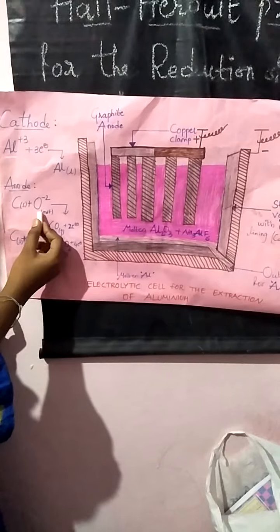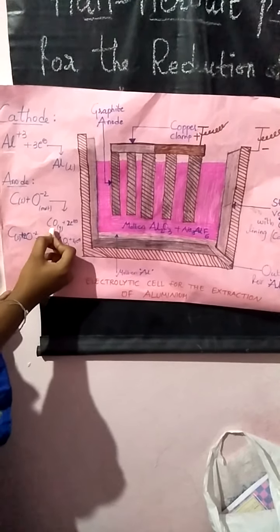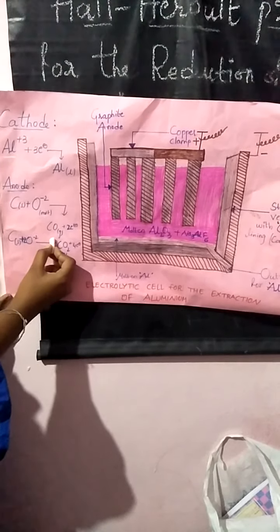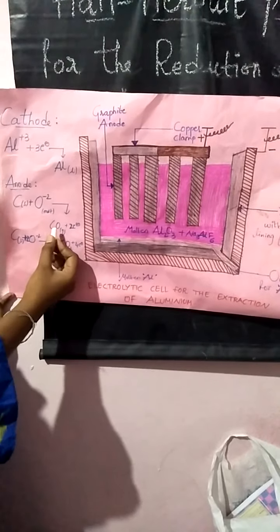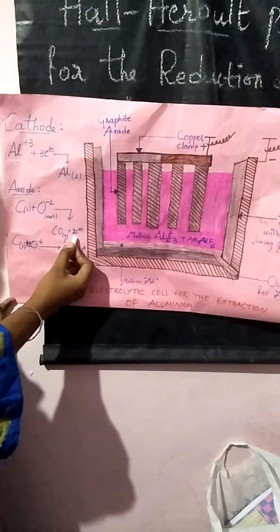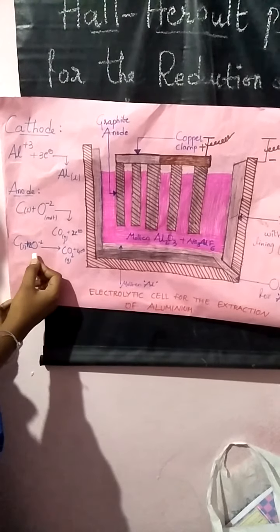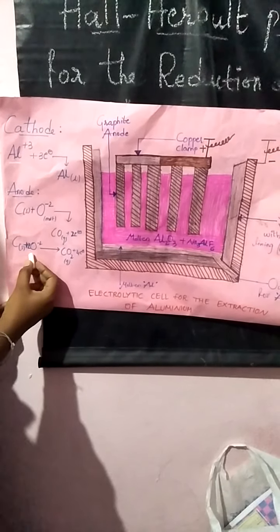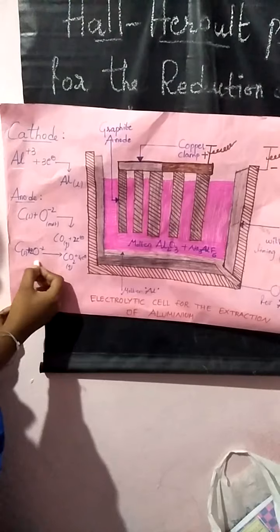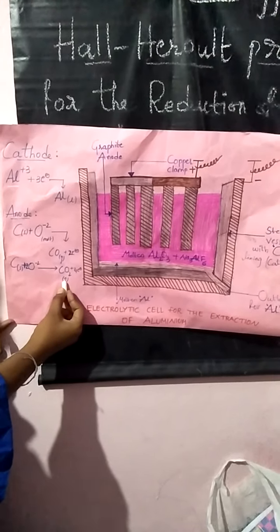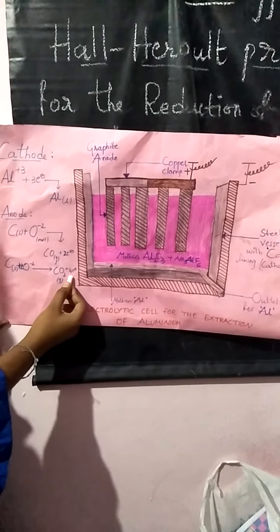Carbon reacts with the oxygen ion to get converted into carbon monoxide gas, with 2 electrons given out. Or carbon may combine with 2 oxygen ions and get converted into carbon dioxide gas, giving out 4 electrons.